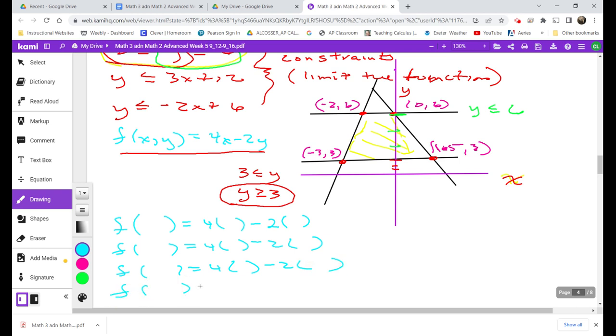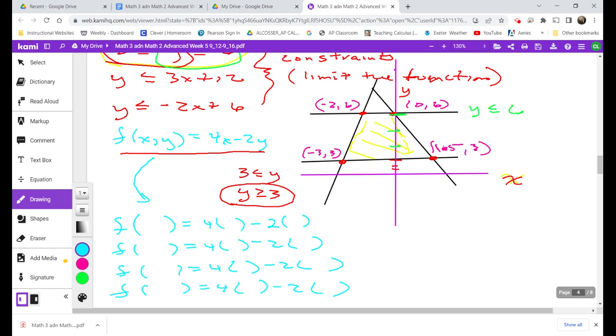I do it again. And I'm leaving X and Y out on purpose. Okay? So I just rewrote this without the X and Y in there. I did it 4 times because I have 4 vertices right here. I have 4 places they intersect, or I have 4 vertices.